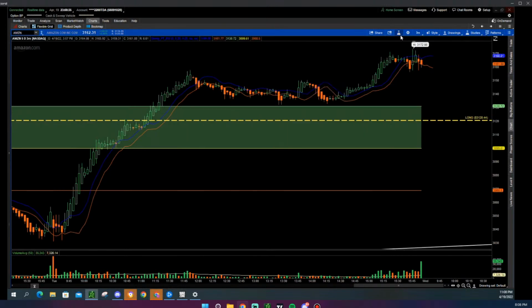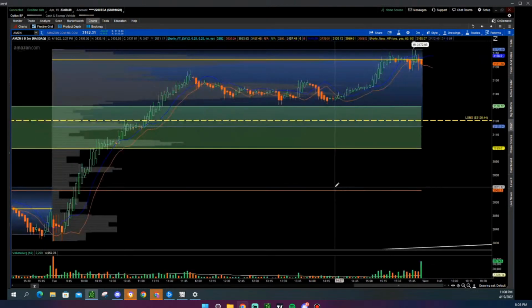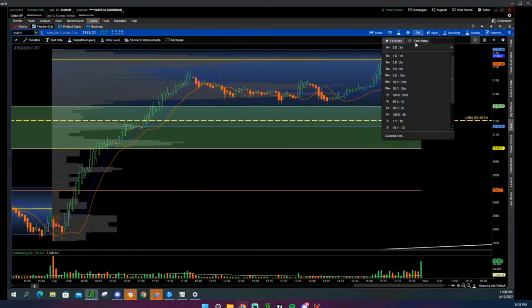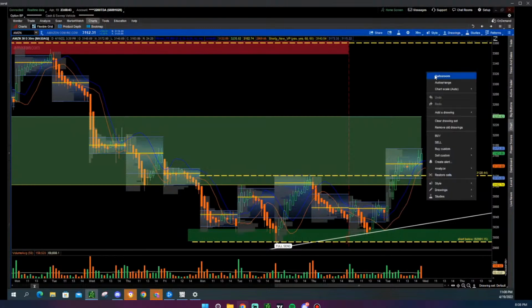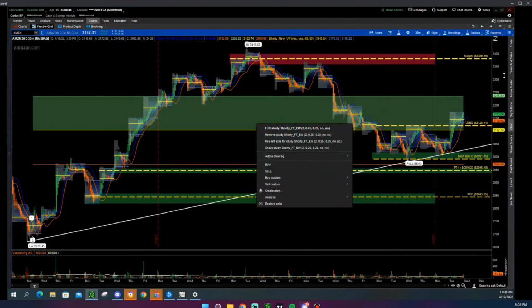Let me just enable this. Let's find new levels for a bounce. It's not coming back to 3,000 anytime soon for anyone hoping. It does have a major supply here.